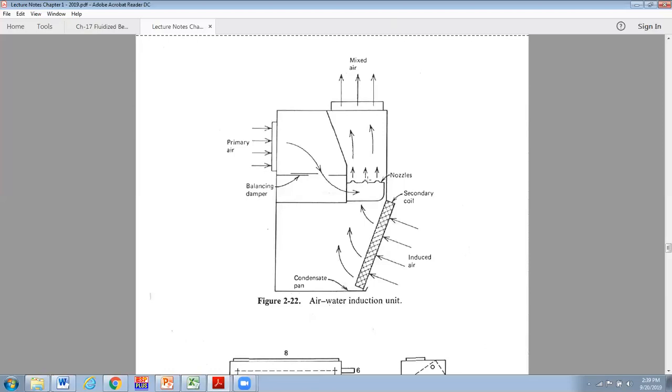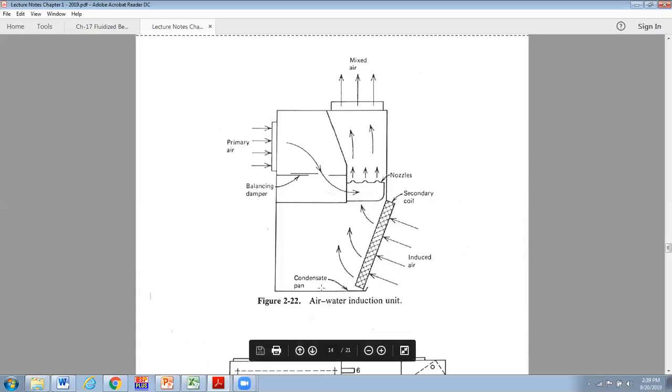Each one has an induction unit and then a central outside air unit that provides this primary air that shoots up, that induces the room air across this secondary cooling. It could be a heating coil if it's cold. You could circulate either hot or cold water through that.